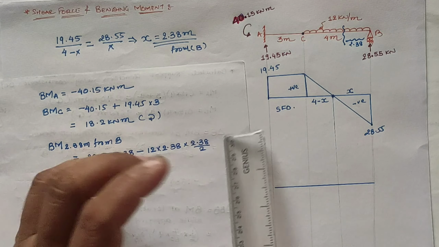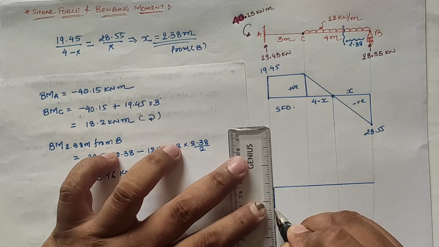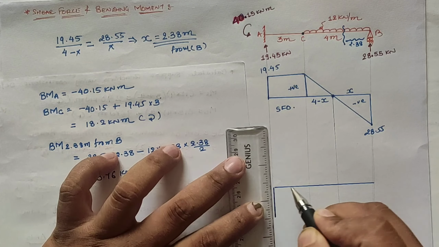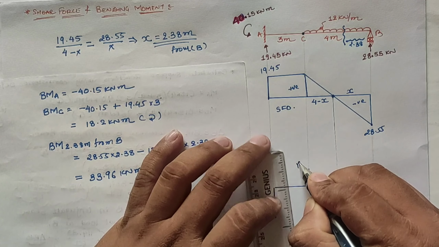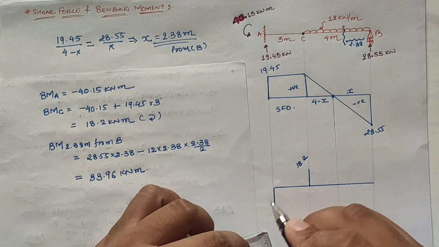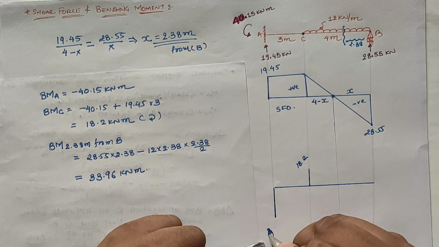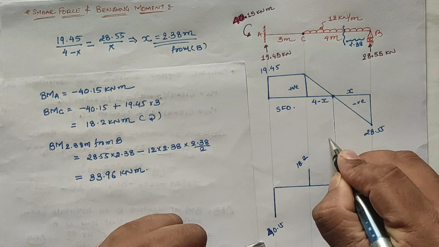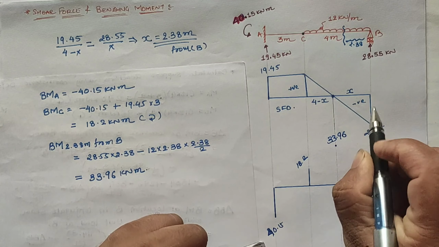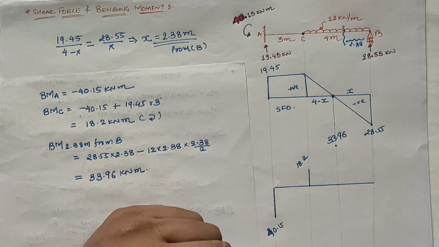At location A our value is minus 14.15. At location C our value is 18.2. And the maximum value is 33.96 from support B at distance 2.38.